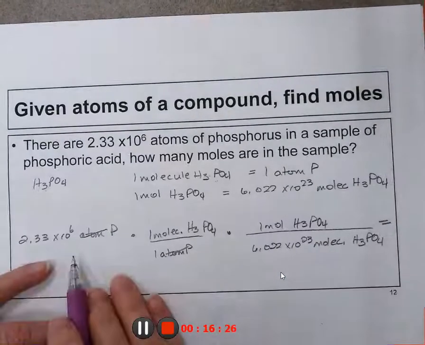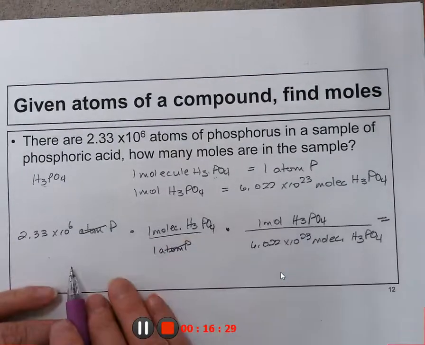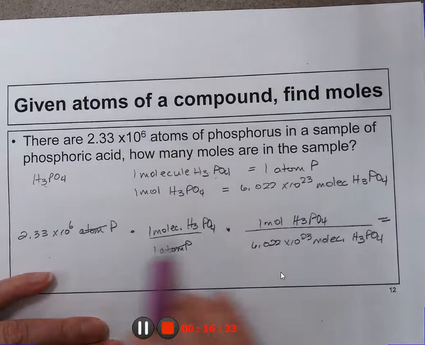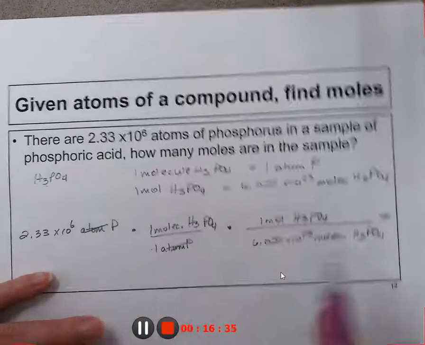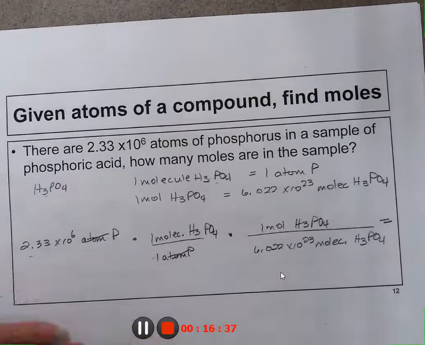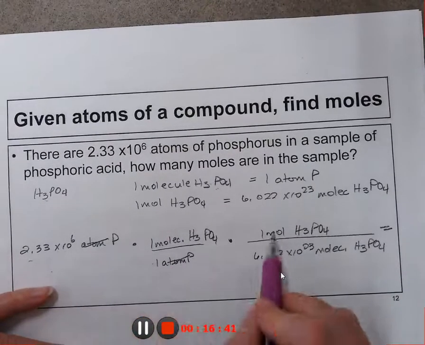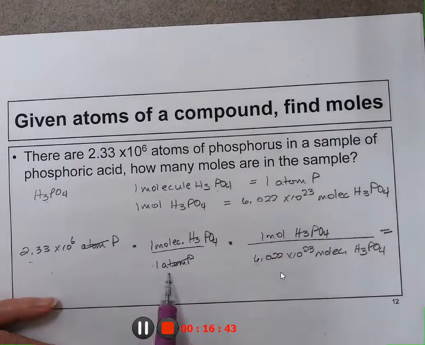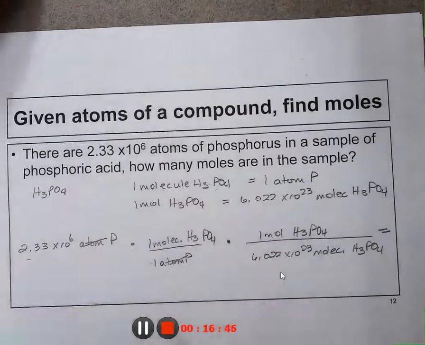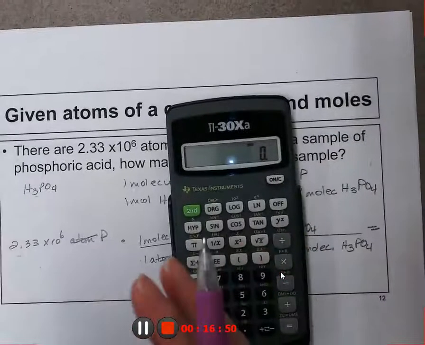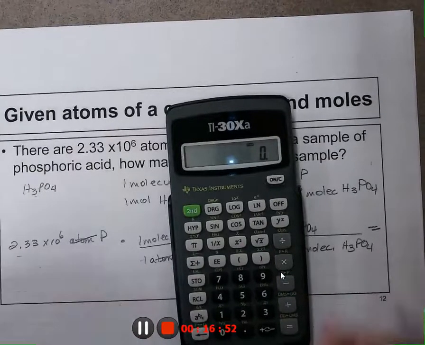Okay, so now order of operations, or PEMDAS, becomes important, but we're lucky in that these are just ones, so that really doesn't change a whole lot. And again, you can make that a fraction. So 2.33 times 10 to the 6 times 1 times 1 is just 2.33, and 1 times that is just Avogadro's number. And if you want to string them all together in your calculator, you can do that.